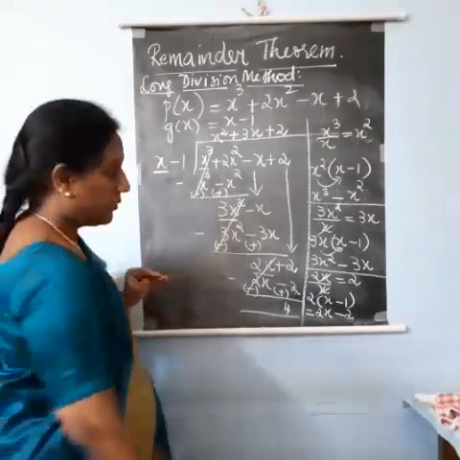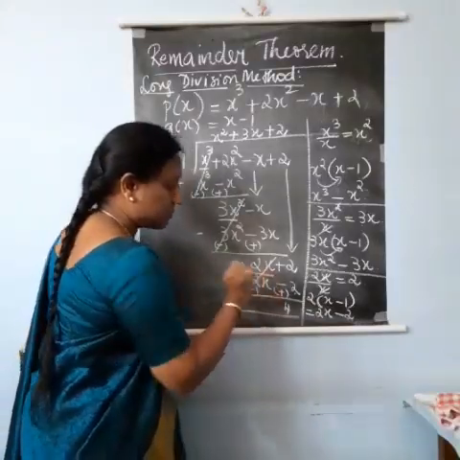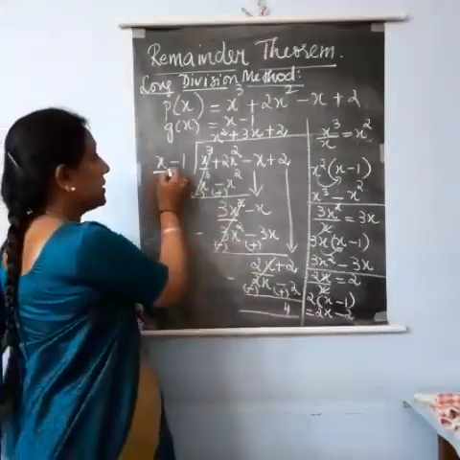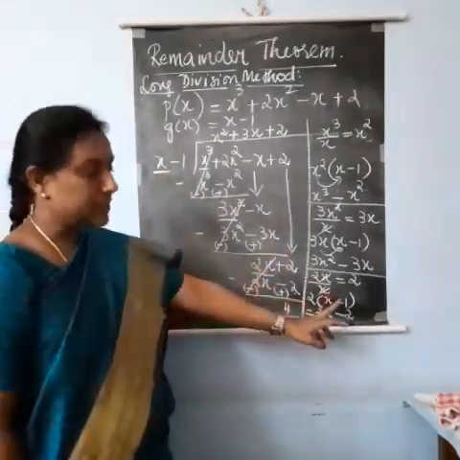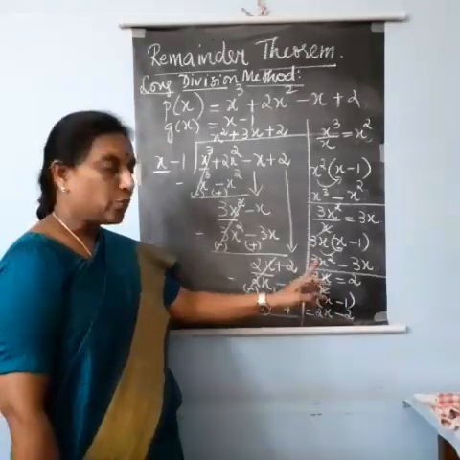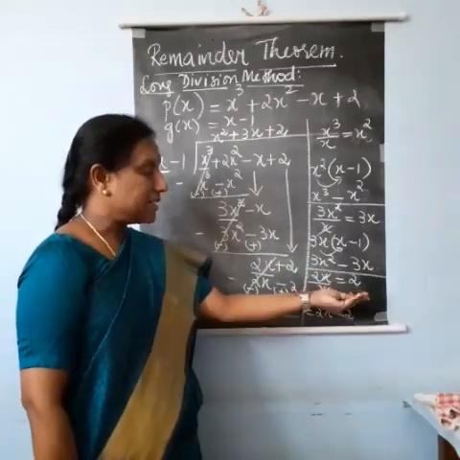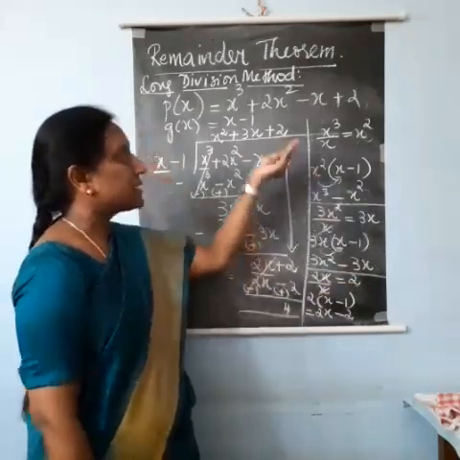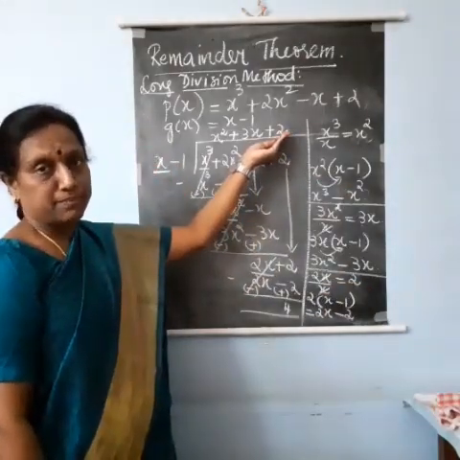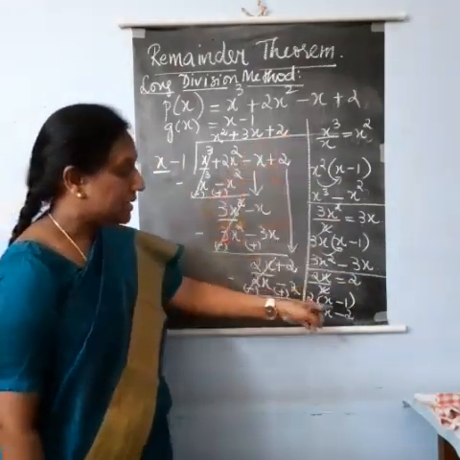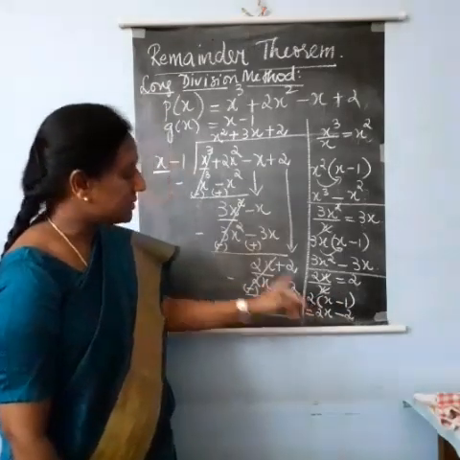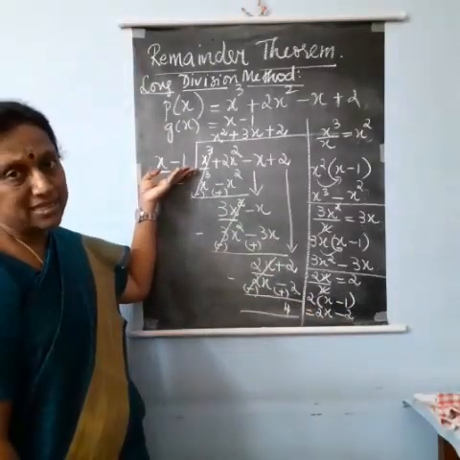What is that? We will underline the first term here and the first term here and go to the working margin and divide. Once we have divided, the answer that we get, I will write in the quotient place. After that, I will multiply that answer by the entire divisor.